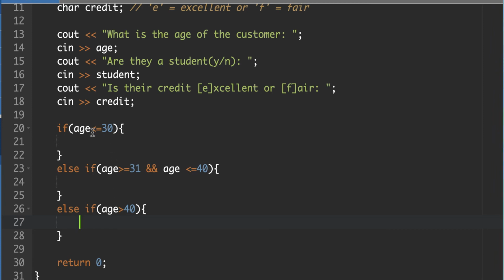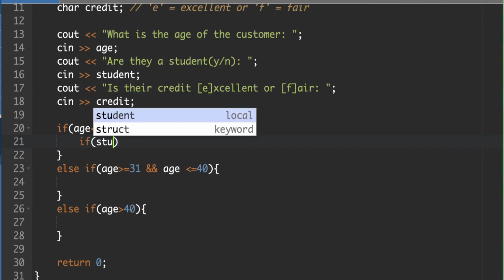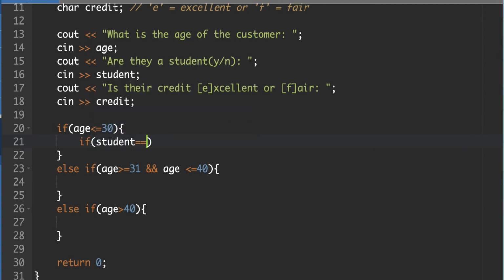And it causes 3 branches, so our decision tree branches into 3 different options. If they're 30 or less, we're going to determine if they're a student or not. That'll be the determining factor. So if student equals Y, then cout contact customer.